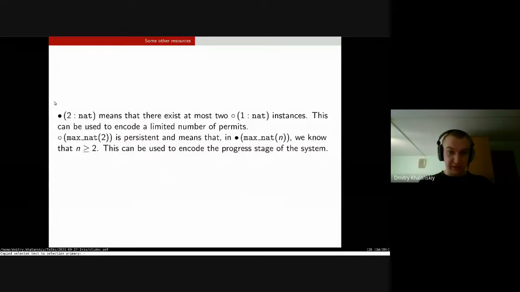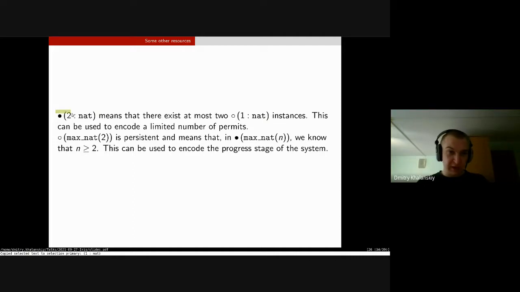Here are some examples. If we state that the system, for example, owns 2 as a natural number in the authoritative sense, then there can be at most 2 instances of fragmentary ownership of the number 1.